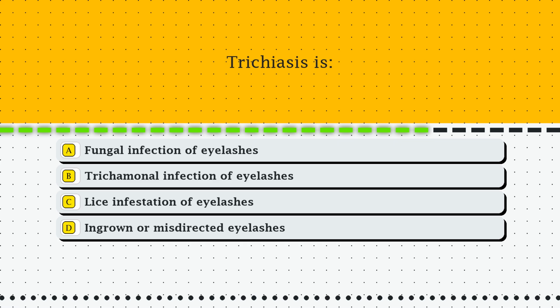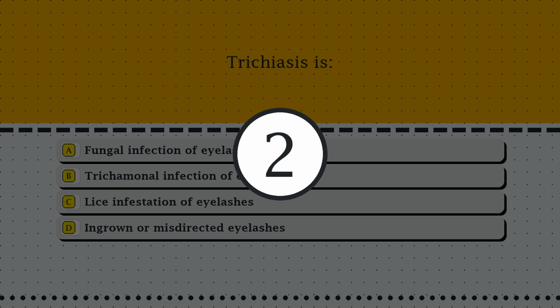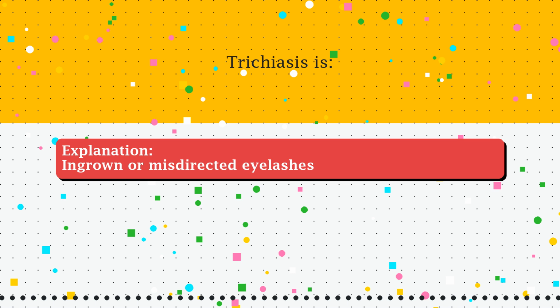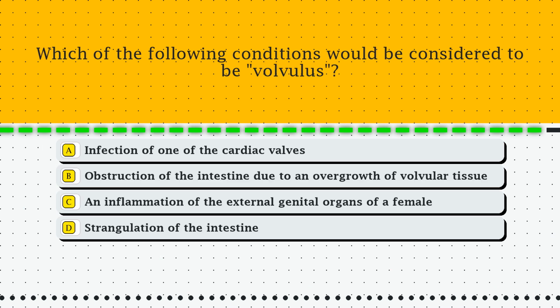Trichiasis is option A, fungal infection of eyelashes, option B, a trichomonal infection of eyelashes, option C, lice infestation of eyelashes, option D, ingrown or misdirected eyelashes. The correct answer is option D, ingrown or misdirected eyelashes. Question 159. Which of the following conditions would be considered to be volvulus?